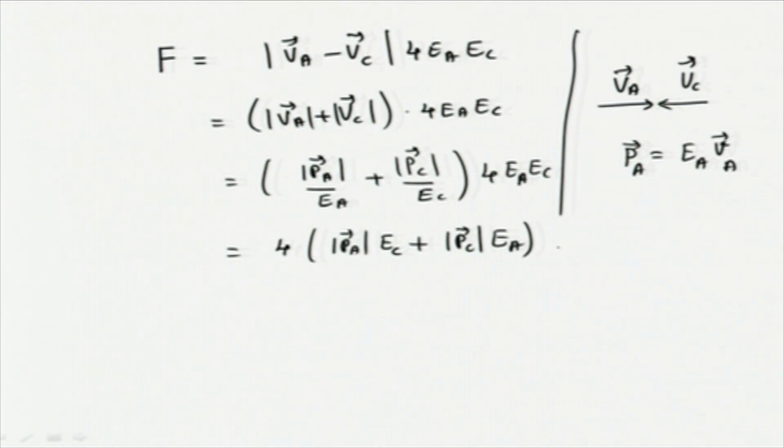Now we will go to a specific reference frame. Let me call it the center of mass frame, defined as the reference frame in which the sum of the 3-momenta of the initial particles, the initial states, is equal to 0.